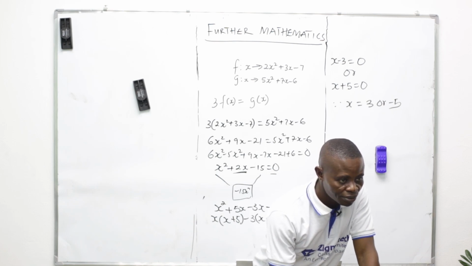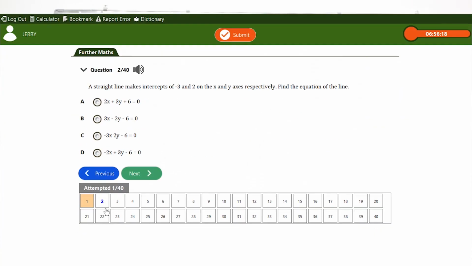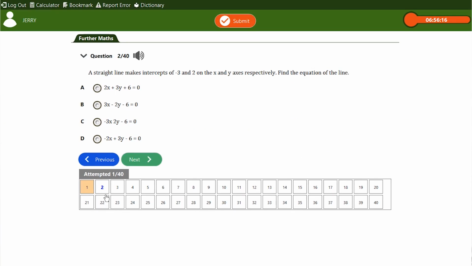Let's go. A straight line makes intercepts of −3 and 2 on the x and y axes respectively. The equation of the line, okay, this is talking about the equation of a line. You have to recall that in this case the equation is x over a plus y over b equals 1. Don't begin to think about y = mx + c.